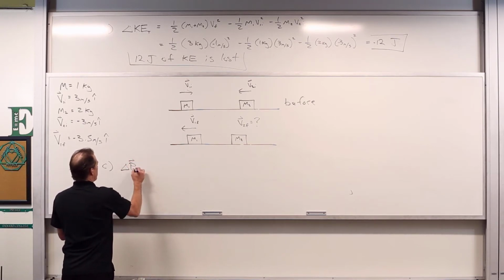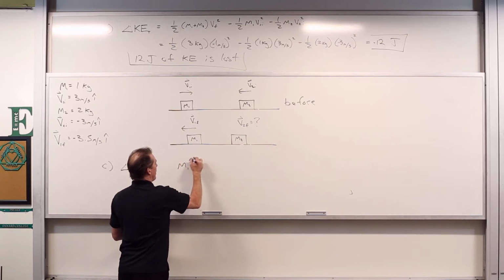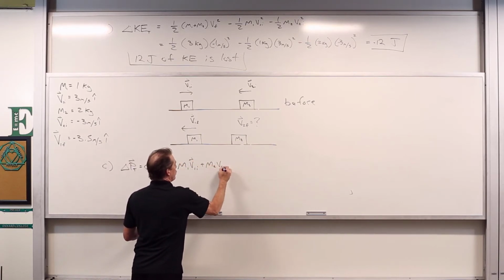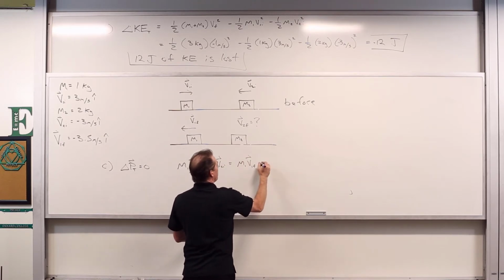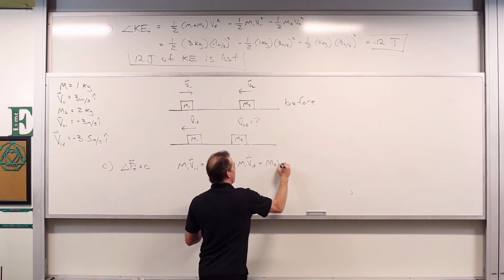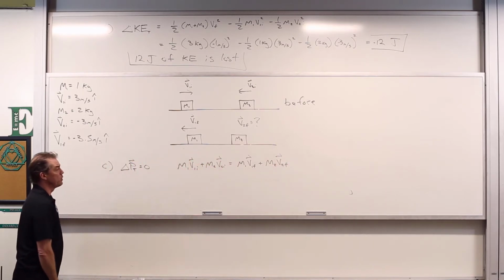Delta P hat total is equal to 0. Thus we have M1 V1 initial hat plus M2 V2 initial hat equals M1 V1 final hat plus M2 V2 final hat. And that's what we want to figure out, that V2 final hat.